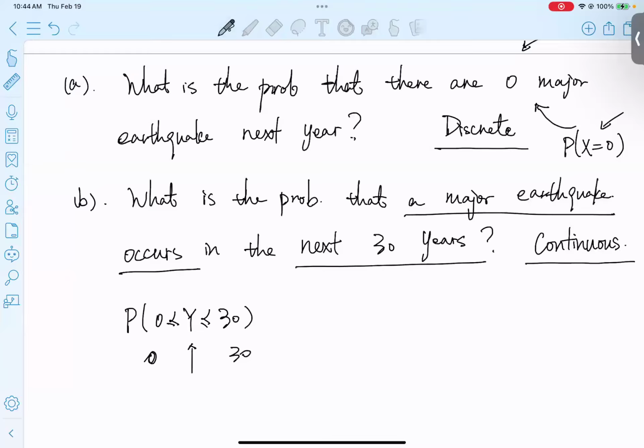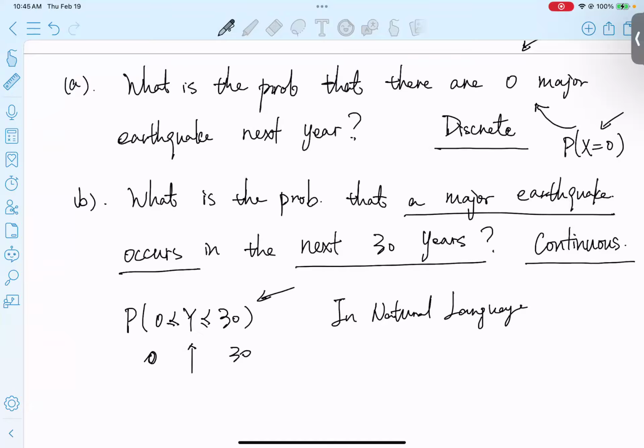Also, natural language here could cause a lot of confusion. If I directly wrote this down and asked you to compute it, we would immediately know it's a continuous case.